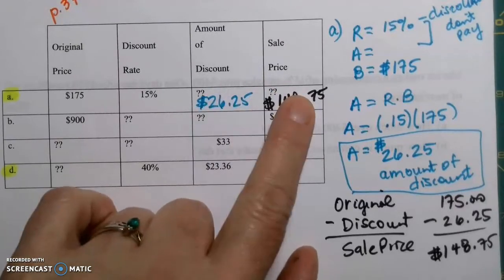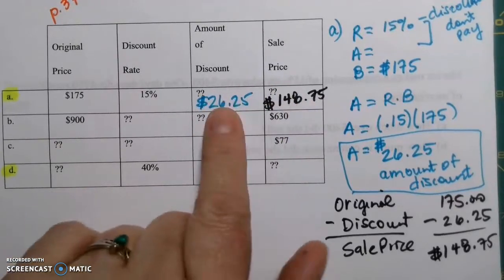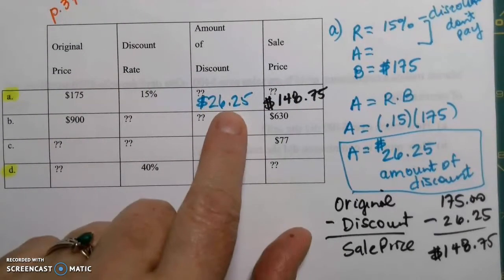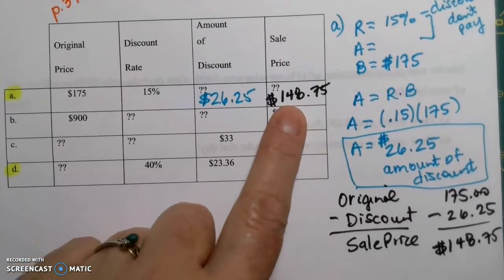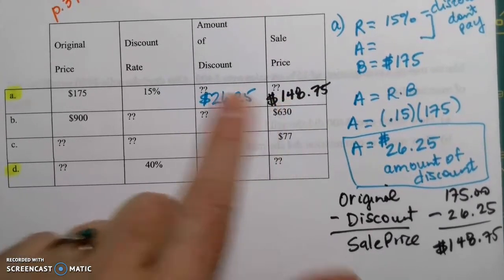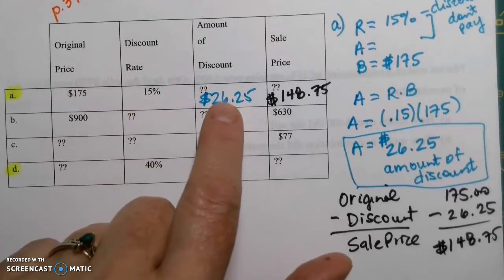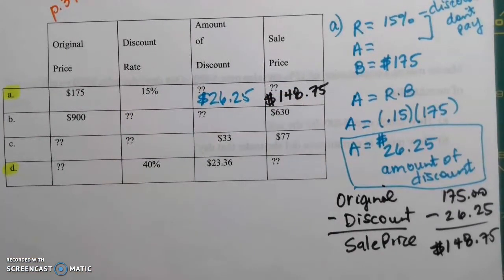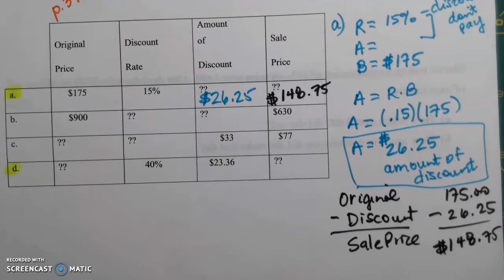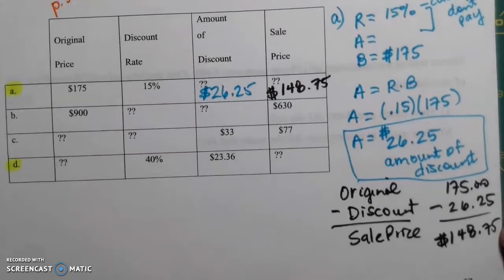Now, if you had accidentally interchanged these, if you took a moment to think about it, hopefully you would realize that the discount would not be $148 because that's way more than 15%, and that the 26 could not be the sale price. So just take a moment to double check and make sure that these things make sense. And then we can go on to part D.